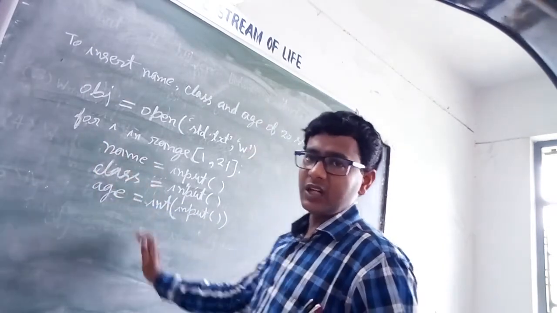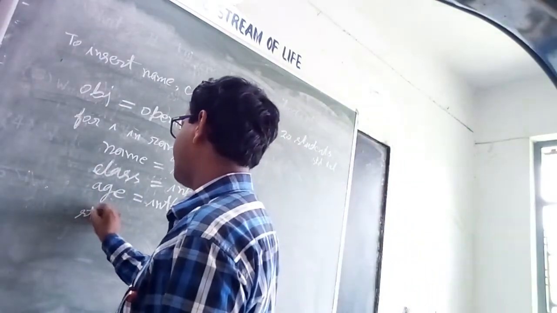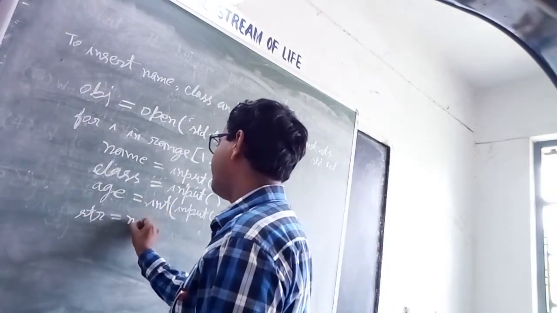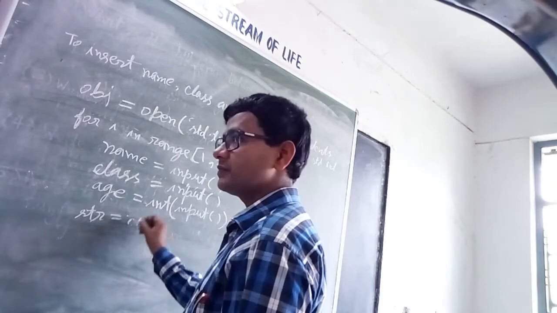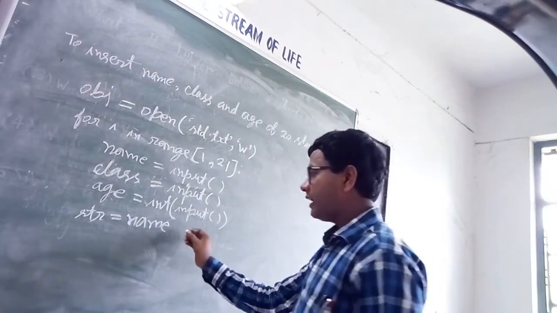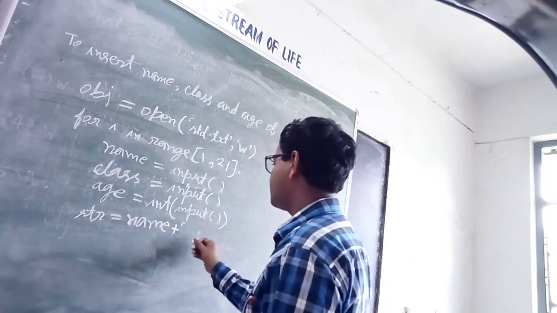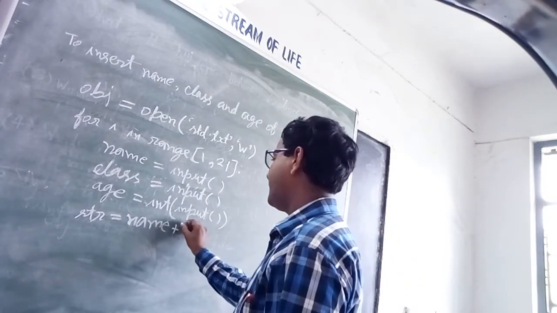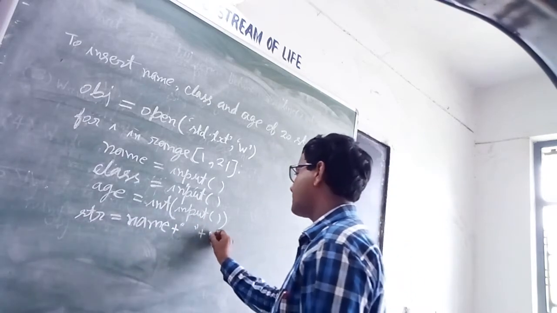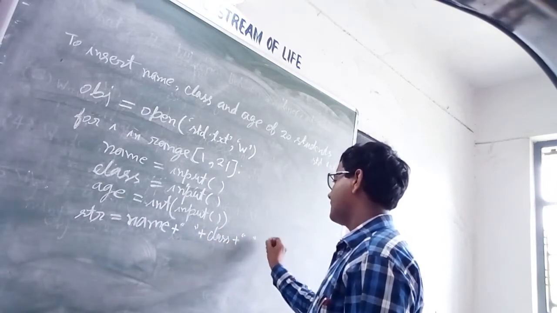Now we store all this information in a string. str equal to name plus blank space plus class plus blank space plus age.